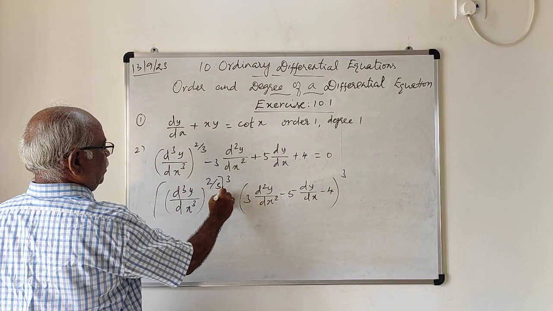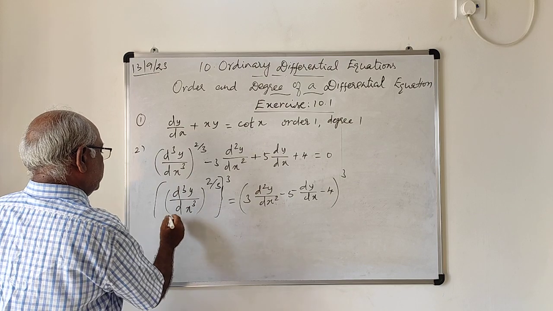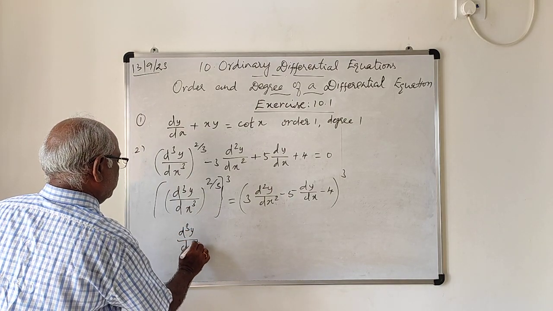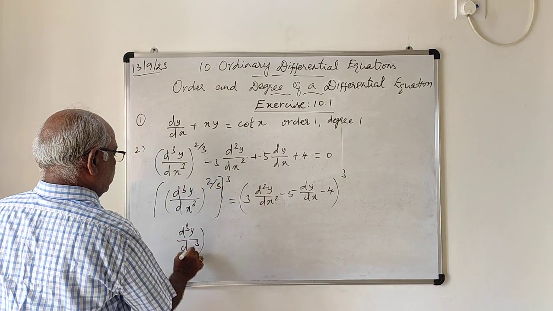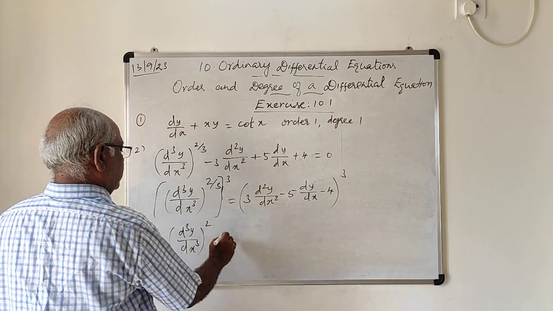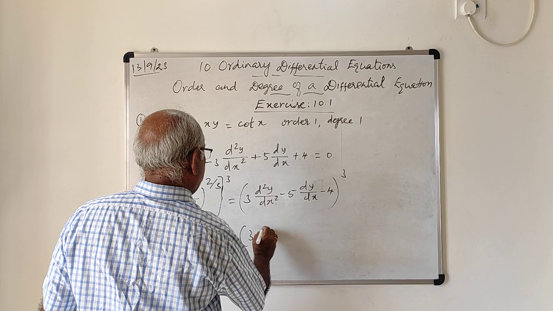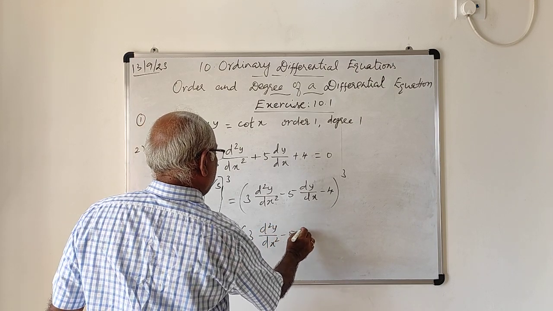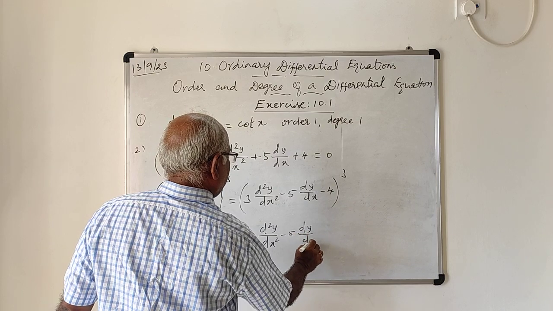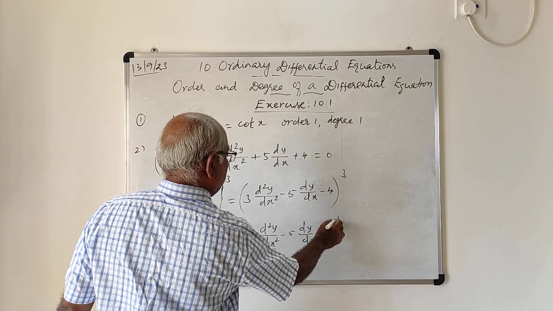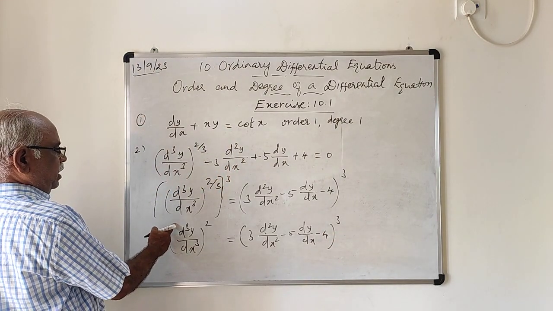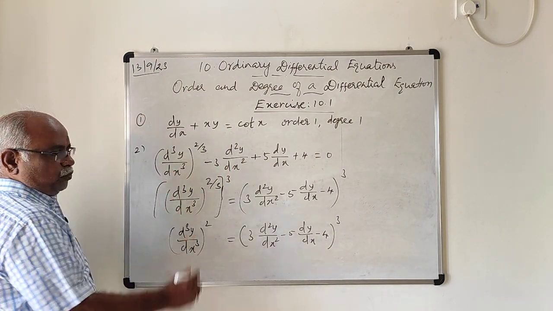If you raise the power of 3 on both sides, you will get d cube y by dx cube the whole square only, as the 3 cancels, and the right hand side becomes (3 d square y by dx square minus 5 dy by dx minus 4) the whole cube. See, in this case, the highest order is 3 and the degree of the highest order is 2.